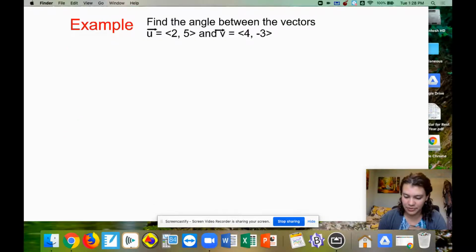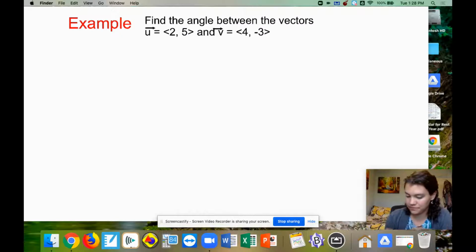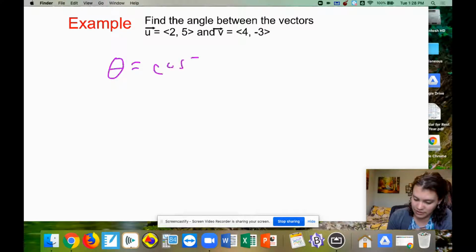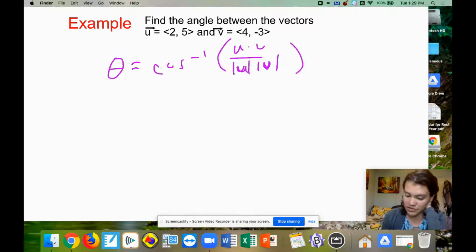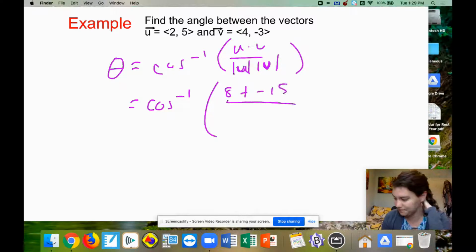So an example here, we want to find the angle between them. So your angle is going to be cosine inverse of the dot product over the magnitudes. So let's find all the different things. The dot product, we're going to take 2 times 4, so 8, plus 5 times -3, so -15.